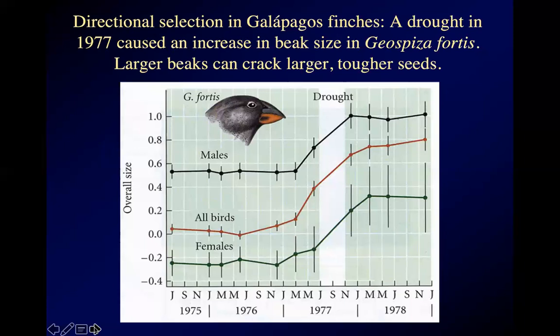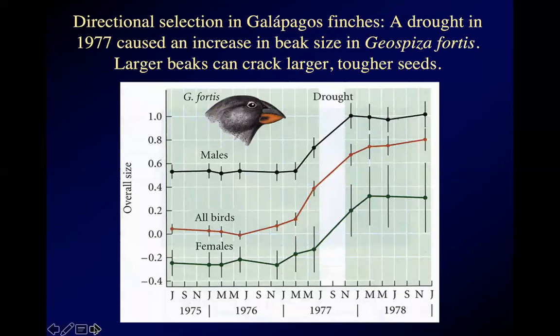Now, what they did was capture the birds gently and measure beak size and measure several different dimensions of that beak. And then there's a way called, I believe, principal component analysis. You can take multiple measurements of something and boil them down into a single number.